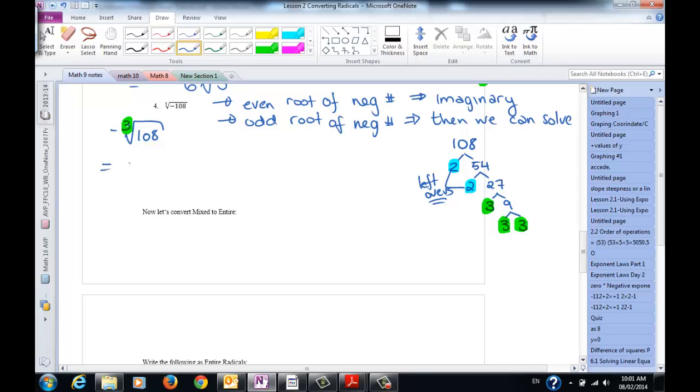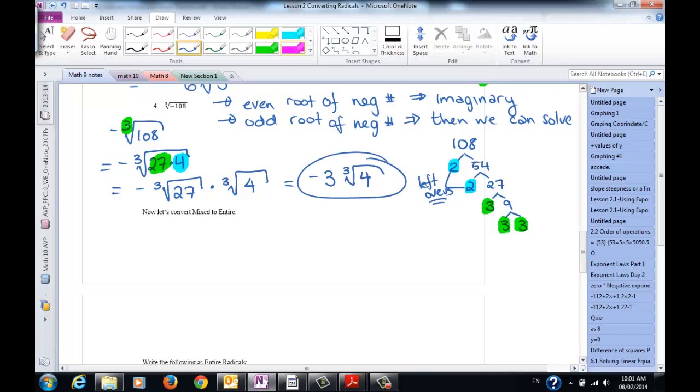Alright, so I can rewrite this as the negative cubed root of my leftovers, 4, and my triple, 27. Okay, so I got this from 3 times 3 times 3, and I got this from my leftovers. And then I can rewrite this as negative cubed root of 27 multiplied by the cubed root of 4, which is just equal to negative 3, the cubed root of 4.